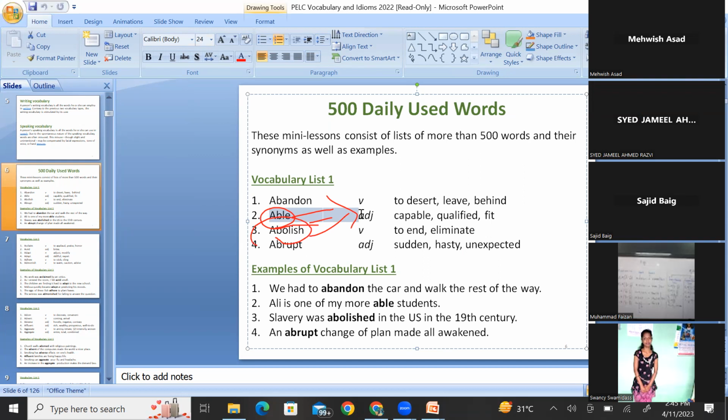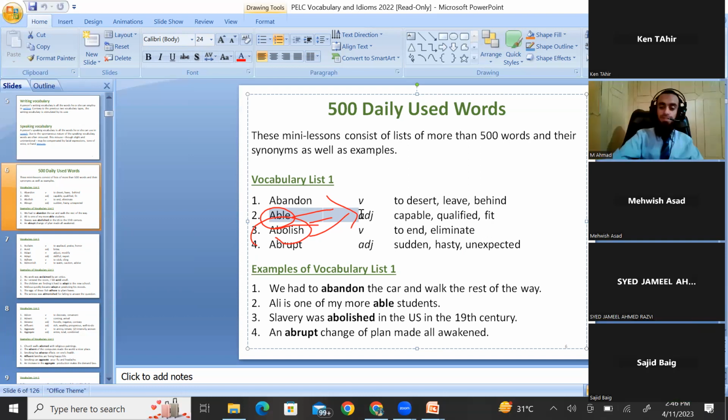How would you make a sentence on abolish? The rules has been abolished by the student. Very good. Abolish means finish, not complete. Your sentence is right.